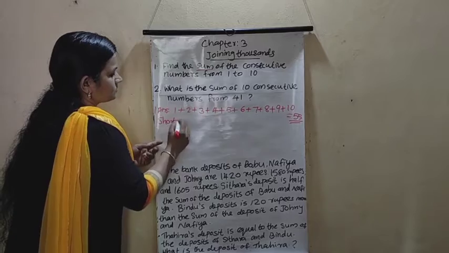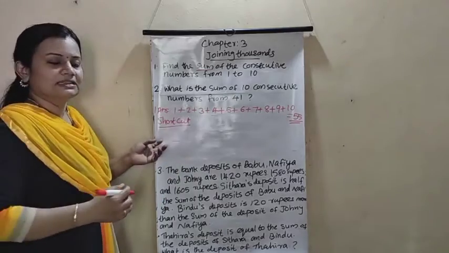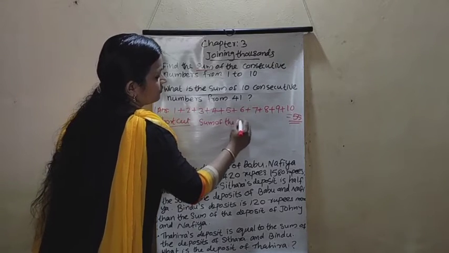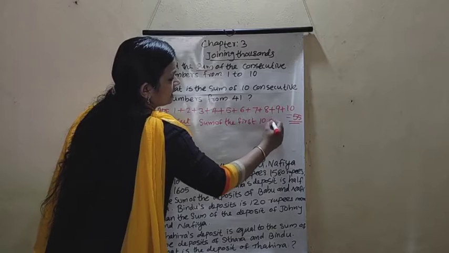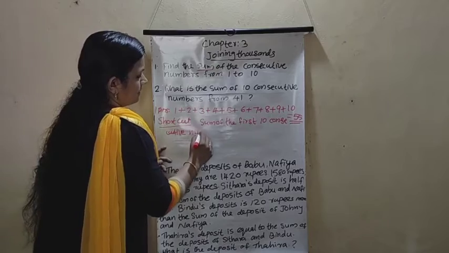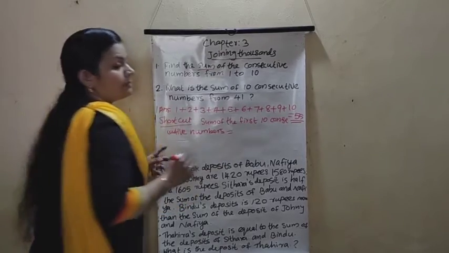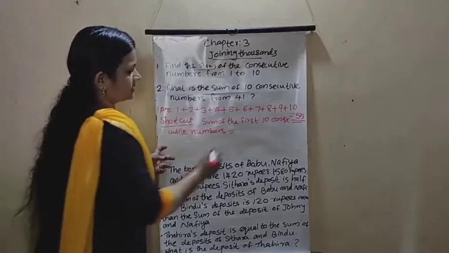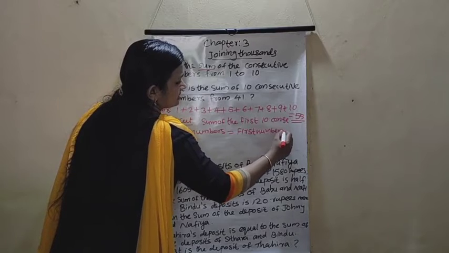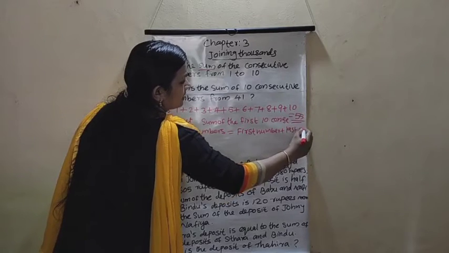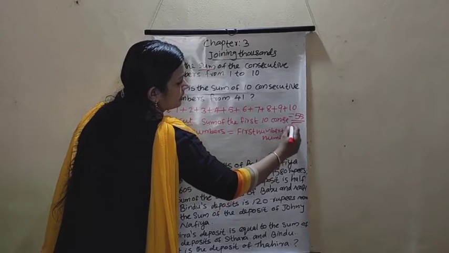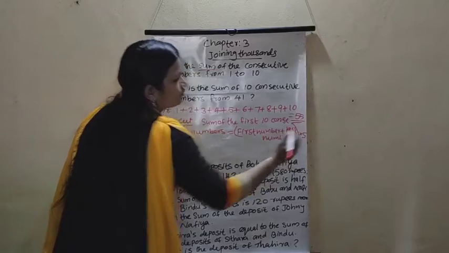Shortcut method, one equation: the sum of the first 10 consecutive numbers equals the first number plus the last number, into 5.